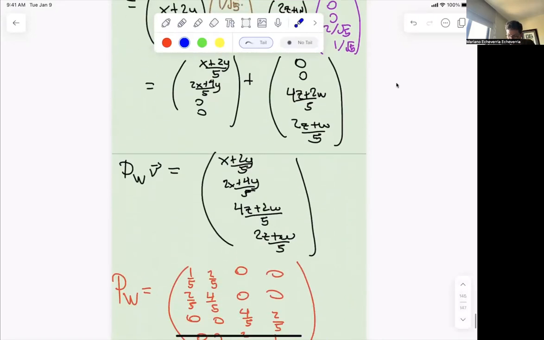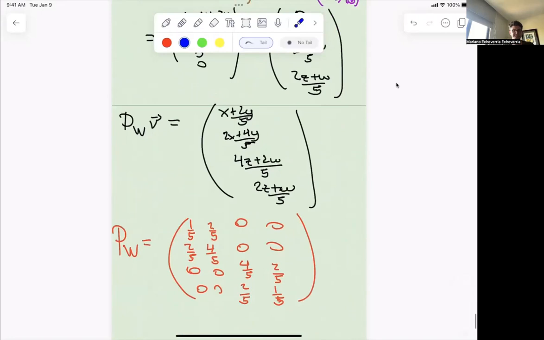If you look at this one, the first entry is 1/2 of the second entry, and the other condition was that the third entry had to be twice the fourth entry. And if you look, this entry is twice this one. So the matrix is trying to force you to satisfy the equations of the vector space in the nicest way possible.